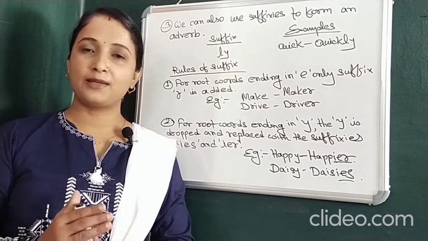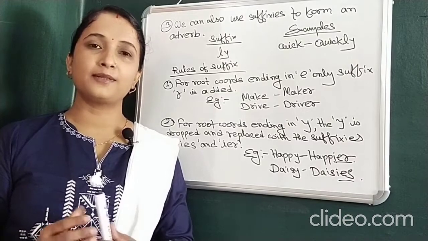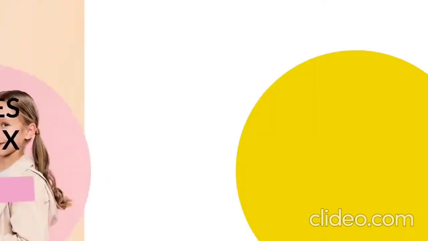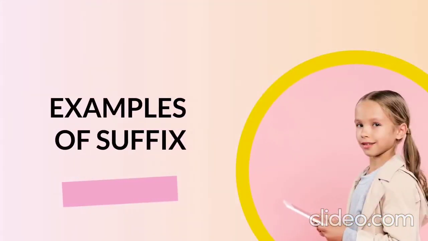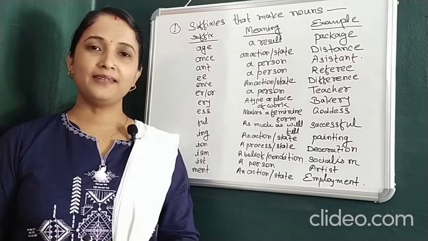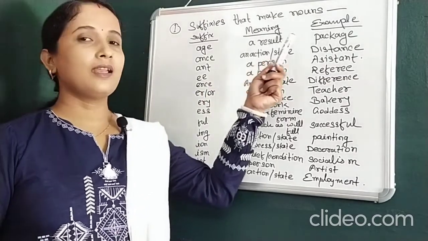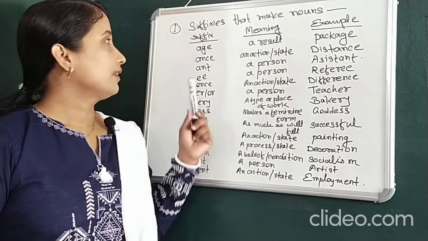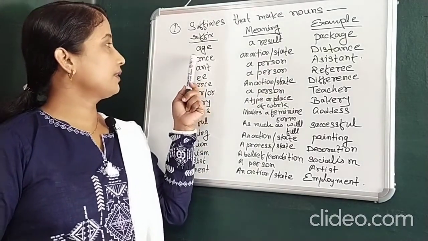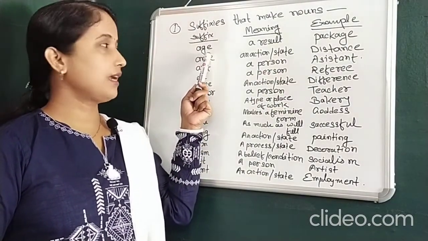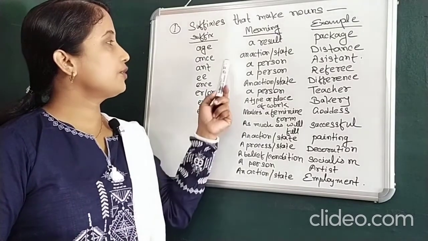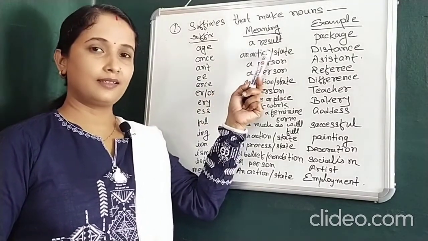Now let's see some suffix, its meaning, and some words made by these suffixes. Suffixes that make nouns. At first here suffix is age. It refers to a result.